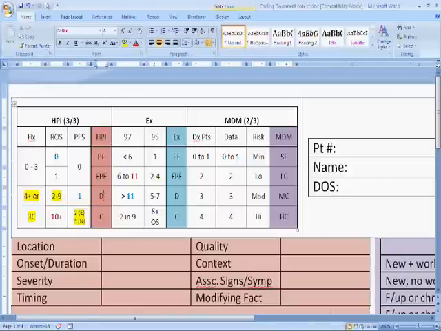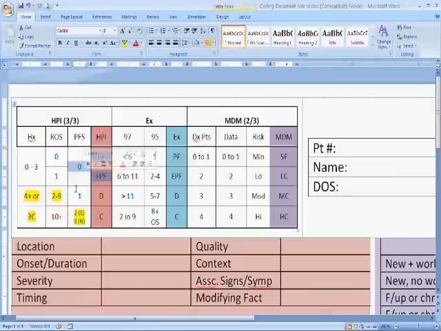If it were only 1 review system, it would be EPF, because it relates to the 1 review system. If they didn't mention anything about history, this might be a little bit more difficult to see, but it would relate to EPF, because the 0 covers both the EPF and the HPI, or the PF and the EPF, problem focused and expanded problem focused.